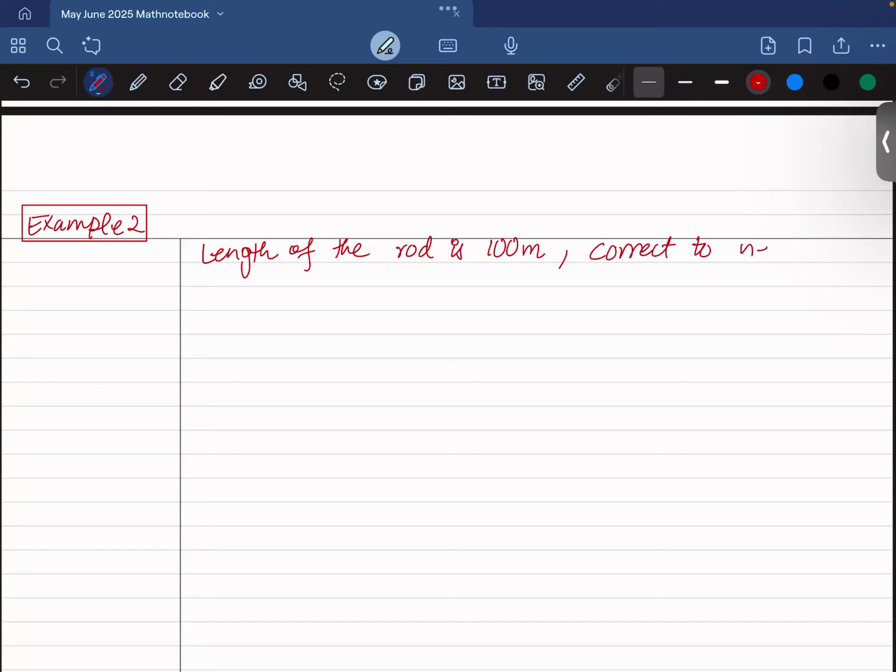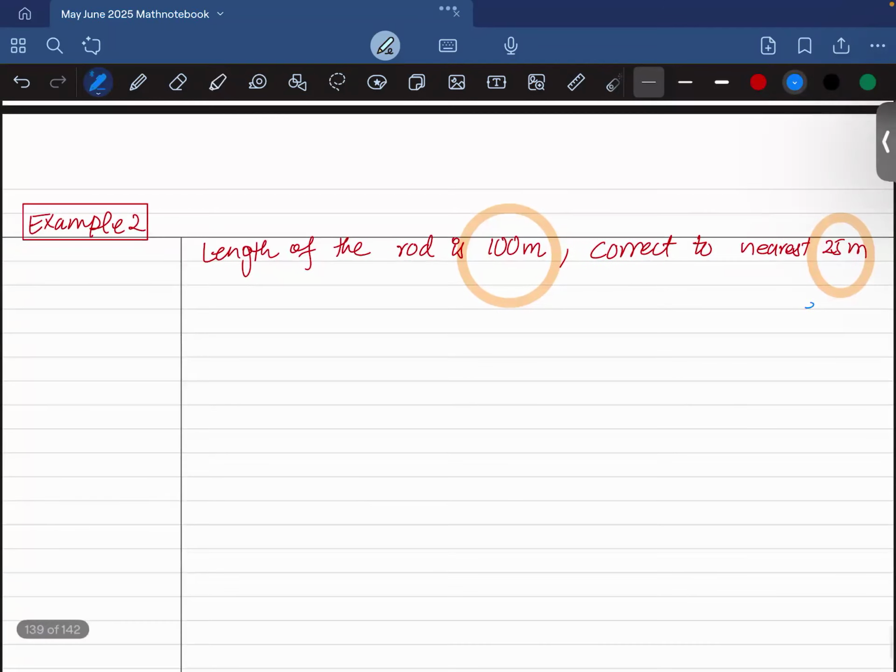Correct to nearest 25 meter. So now you have two things. First of all, you can see that 100 meter is known to you, and this 25 meter is an error. Do you agree with me? Yes, sir. So this is error, and this is known to you. Agree?